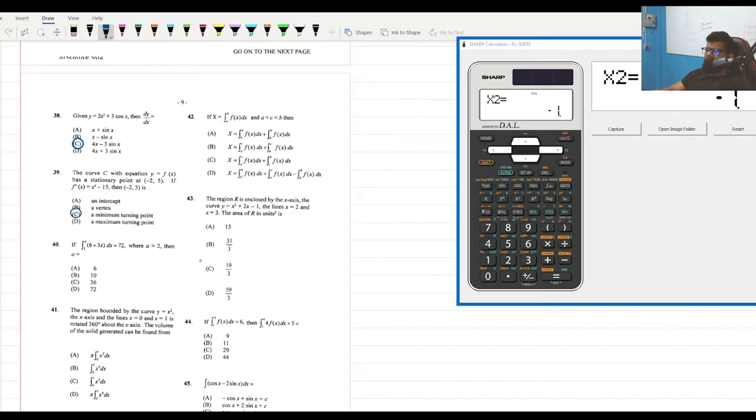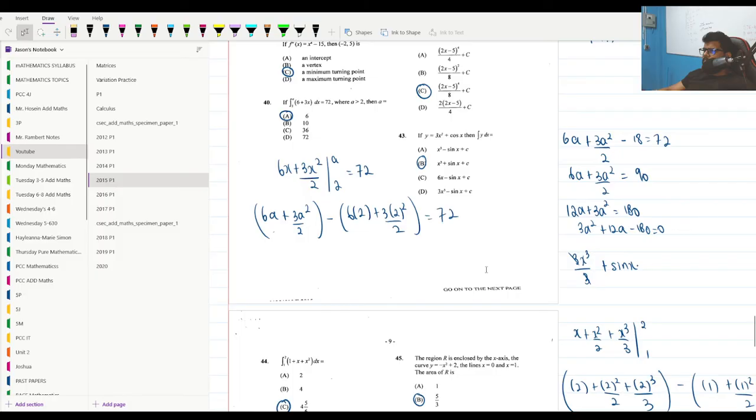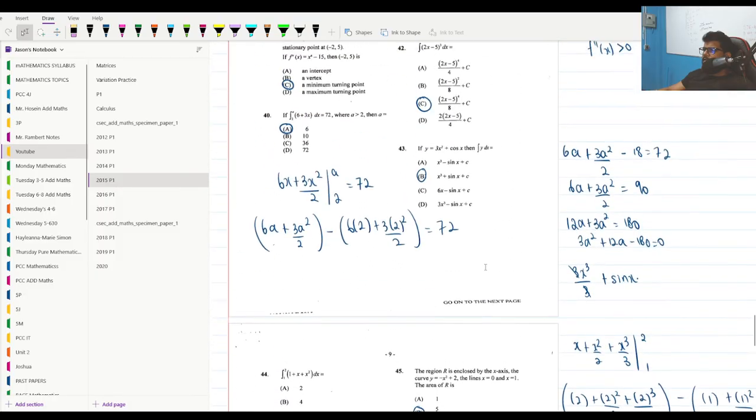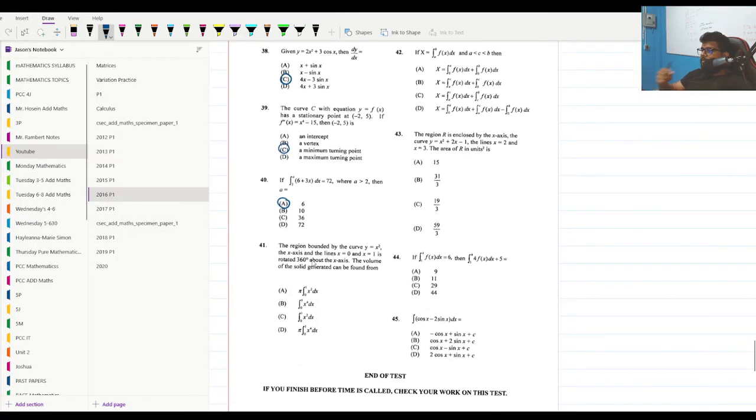A is greater than 2. Number 40, this is a repeat from last year. A is greater than 2, A was 6. If I see a trend here, guys, the years a little bit before the current year repeat a lot.